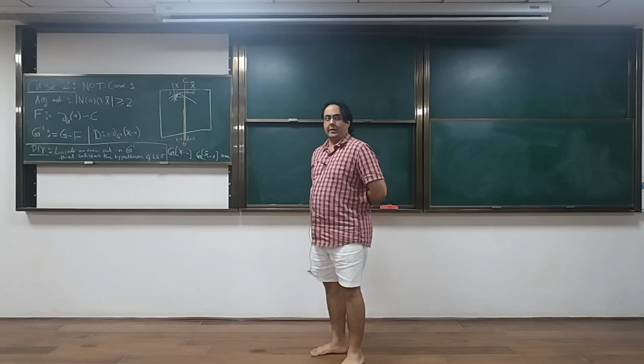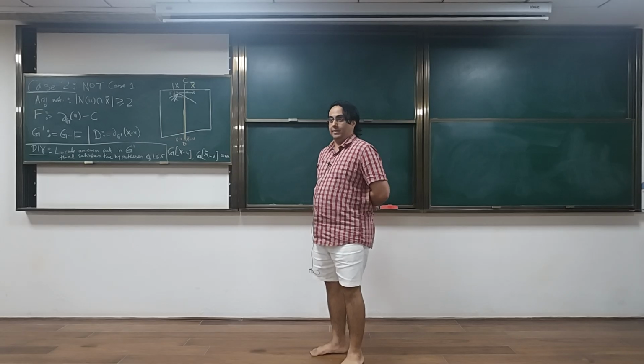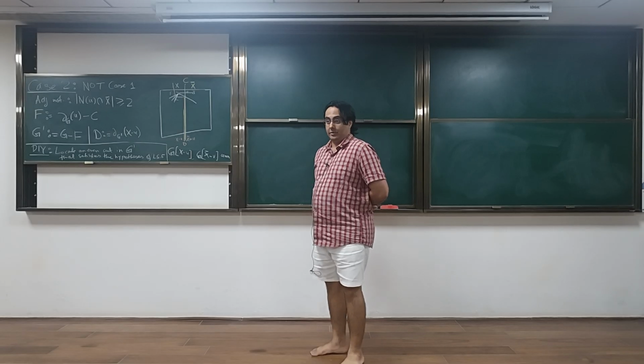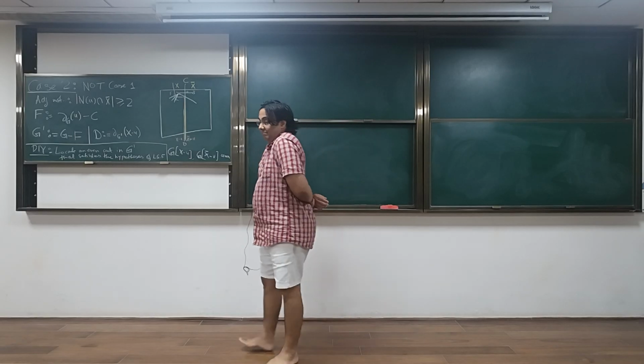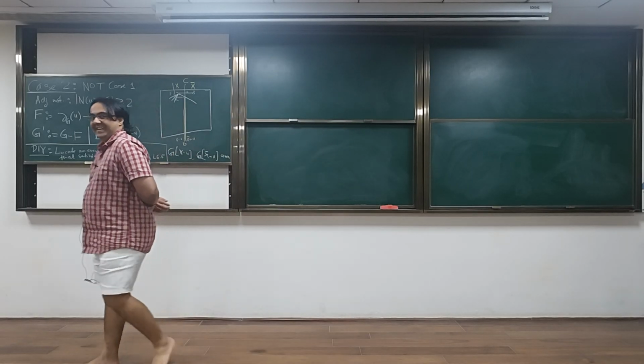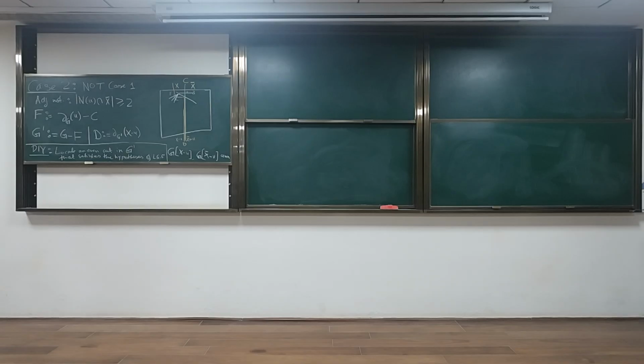If they are matchable, you will get a contradiction to the original cut being a tight cut, as in the previous case. So therefore, this cut does satisfy all of the hypotheses in the graph G prime. We will apply lemma 5.5 therefore to G prime comma D.